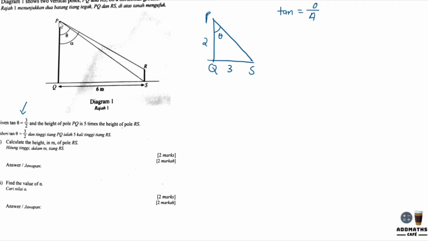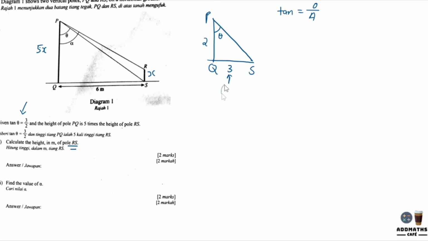So let's say the height of RS is x. The PQ here will be 5x. Alright. So in this case, you are required to find the pole RS. So how shall I find pole RS? As we can see from this part, we know that QS is 6 meters here.